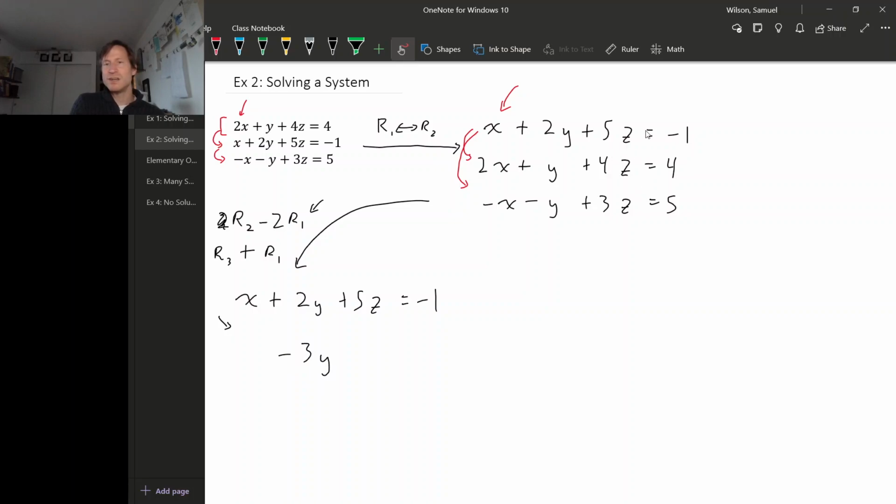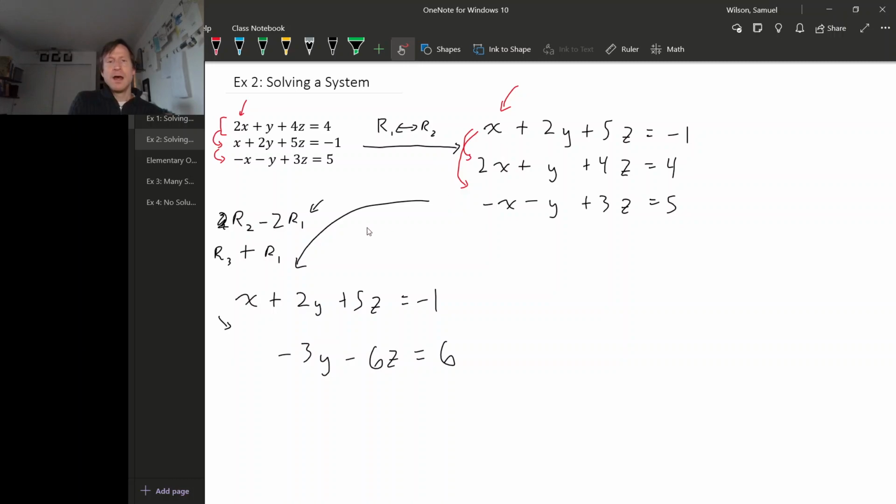And then 4z minus 10z is minus 6z. We're multiplying by 2, not 3. Okay, and then 4 minus 2 times minus 1, so that's 4 plus 2, that's 6.